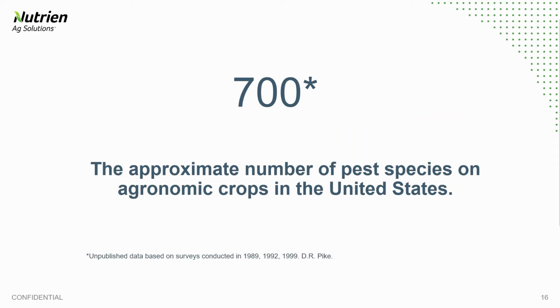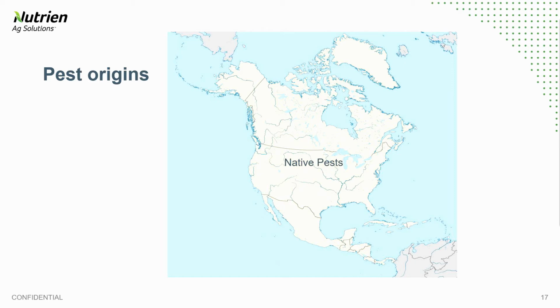700. That's the approximate number of insects, weed species, and crop diseases estimated to affect agronomic crops across the United States. So you might ask, where did they all come from? Many of our pests are native to North America and have flourished to become problems because we grow the crops that make an ideal environment for their development.